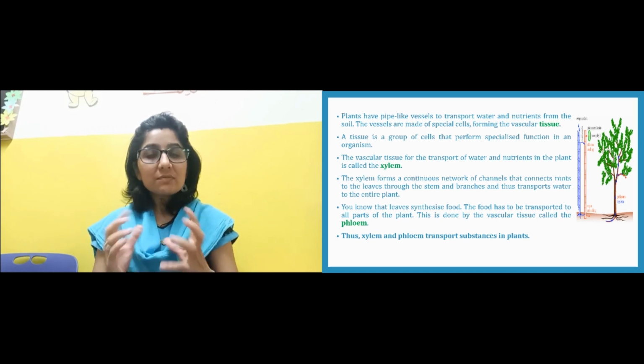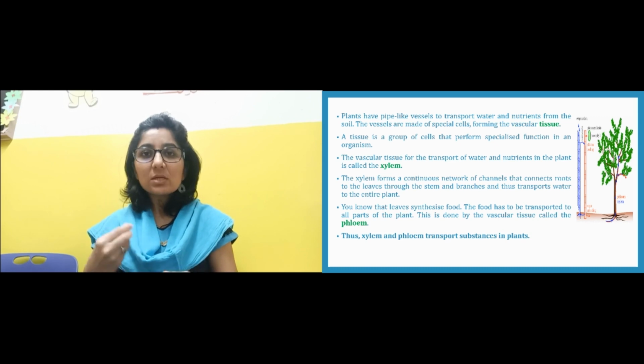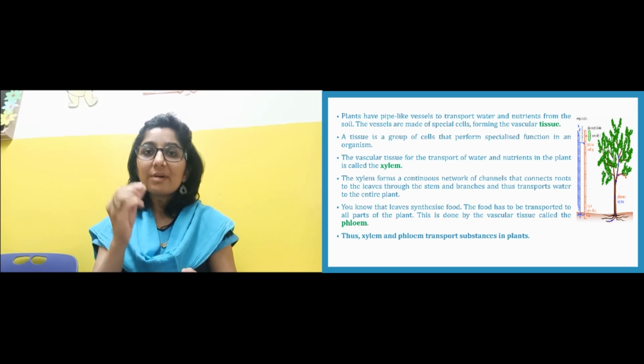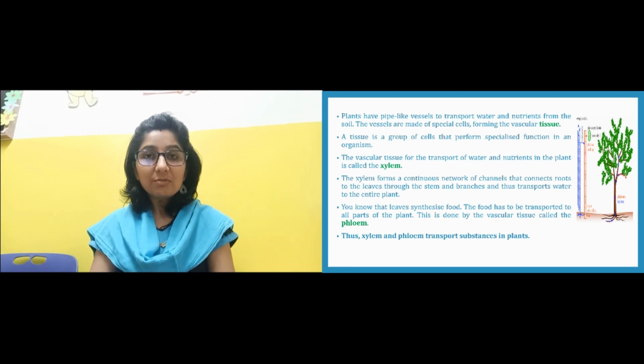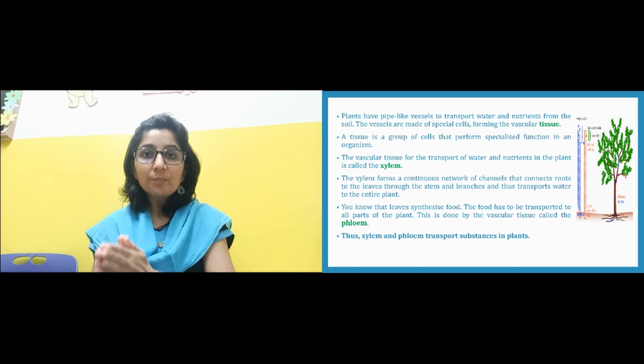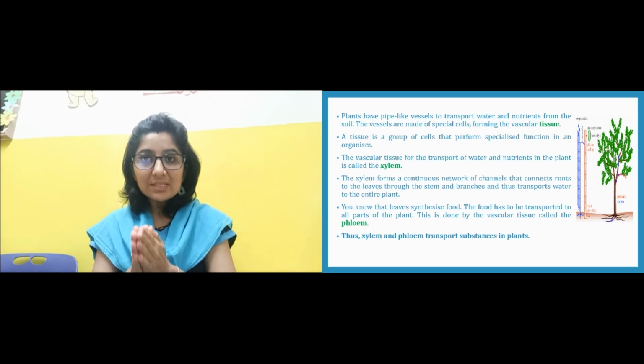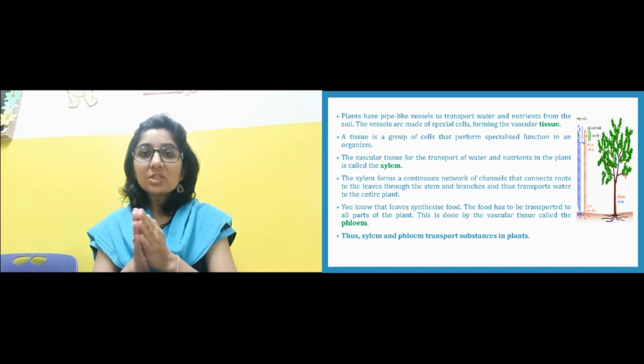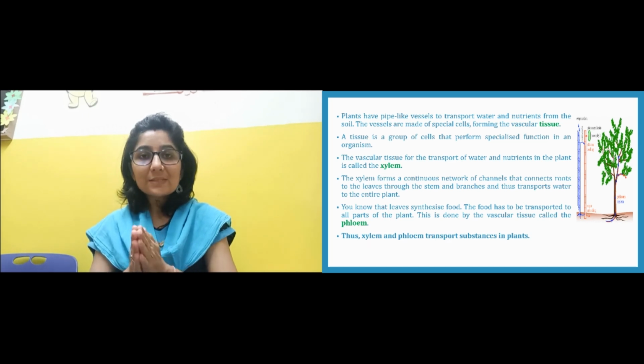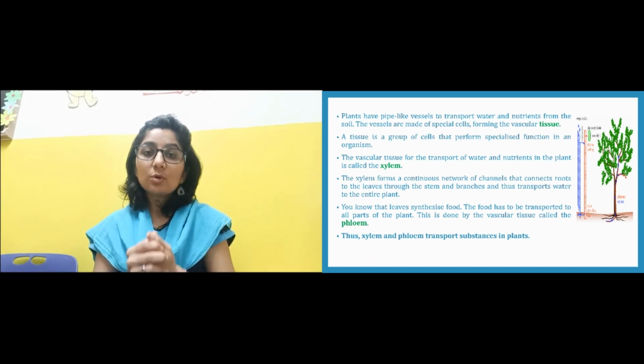This vessel is made up of special cells which form the vascular tissue. Vascular tissue is a special kind of vessel in plants which helps with transportation. We have learned what a tissue is: a tissue is a group of cells which perform a specific function.